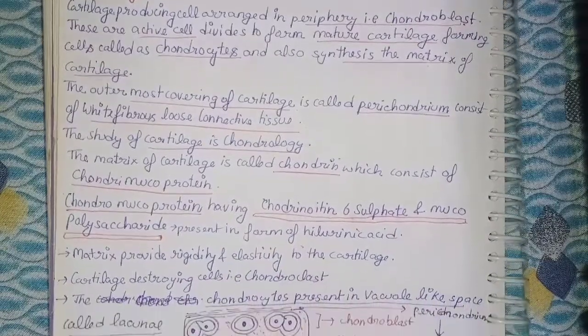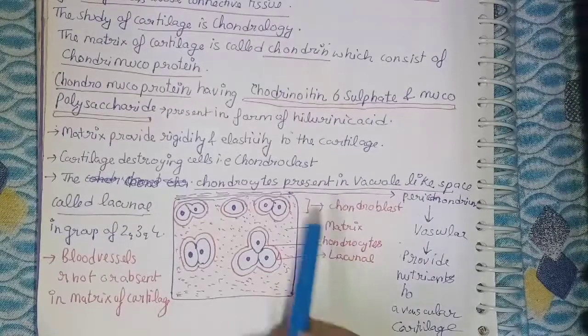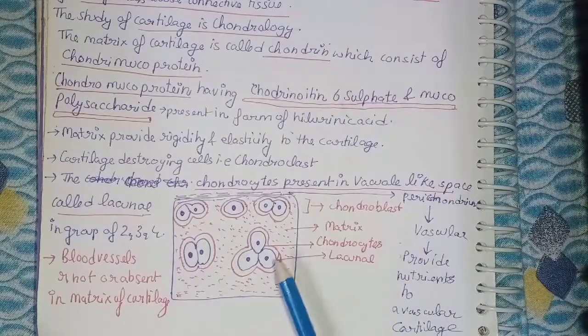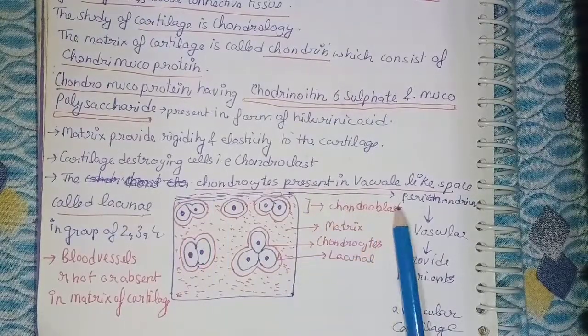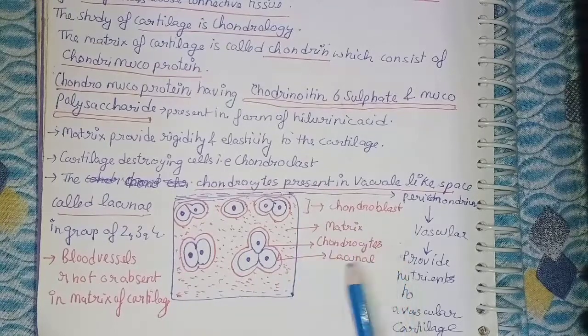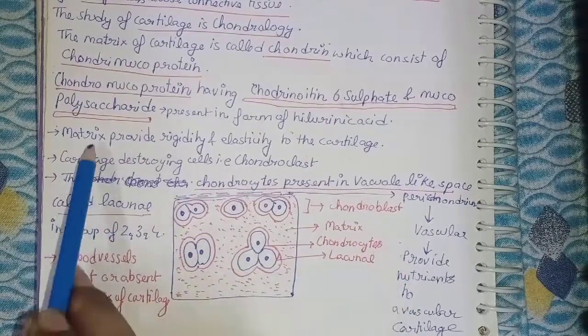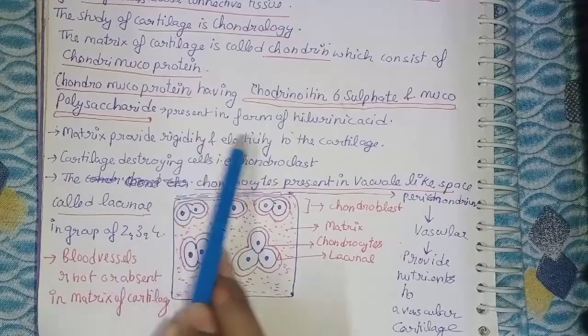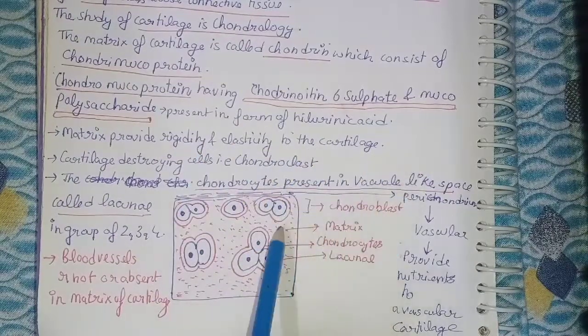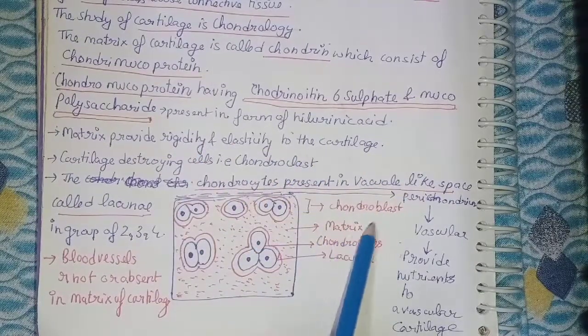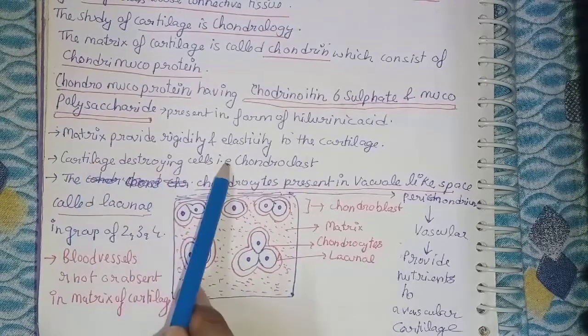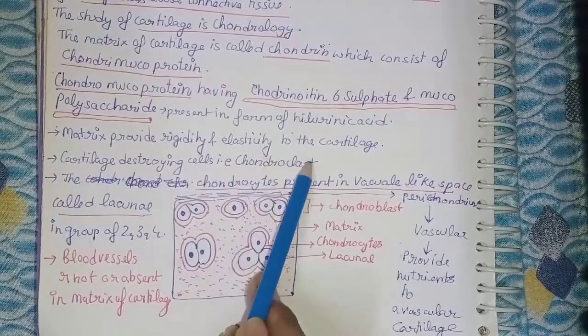Now coming to the diagram, which represents a cartilage. In this you can see chondroblast, matrix, chondrocytes and lacuna. The matrix provides rigidity and elasticity to the cartilage. Cartilage destroying cells are chondroclast cells.